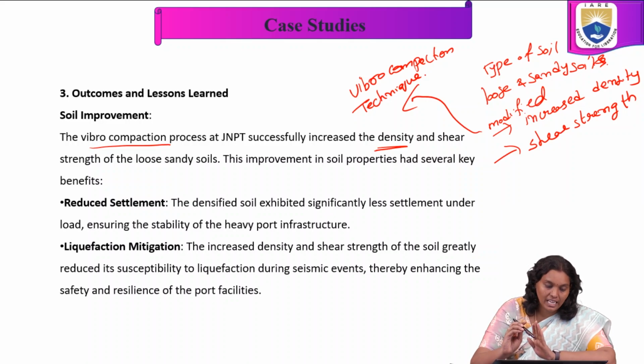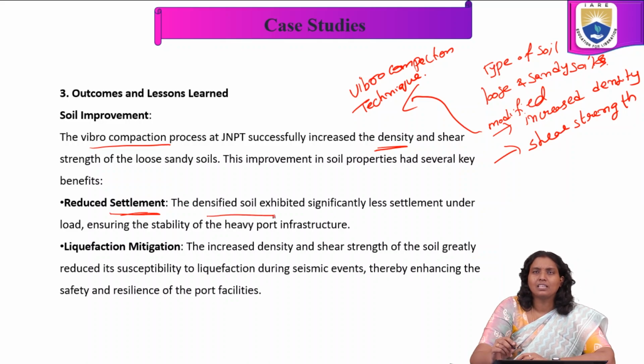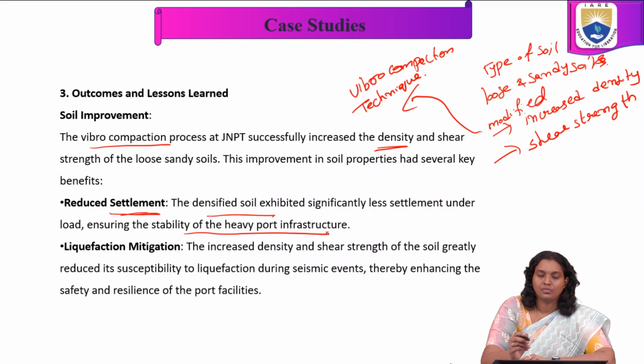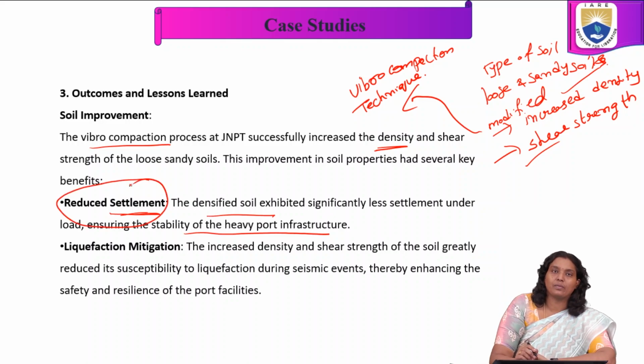These are the improvements we understand, and it also reduces the settlement. Because the densified soil exhibits significantly less settlement under loads, it ensures the stability of heavy port infrastructure. So soil improvement in terms of density and shear strength, and denser soil reduces the settlement. Liquefaction mitigation is also there.